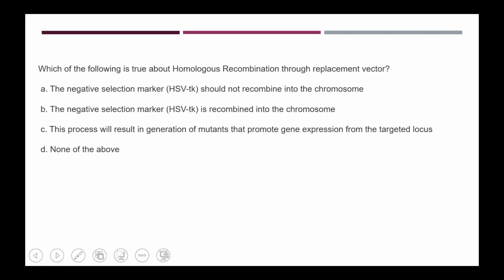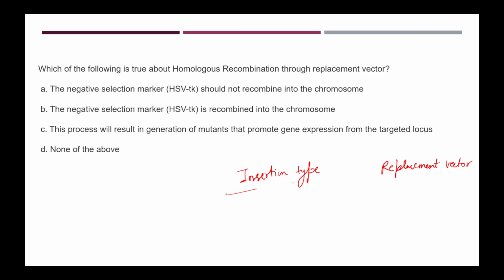Okay, so which of the following is true about homologous recombination through a replacement vector? Replacement vector we talked about. What was a replacement vector? Anybody tell? Types of vector we talked about. One is insertion type. Another is replacement. So the basic difference: in the insertion type vector, you'll see a single crossover.